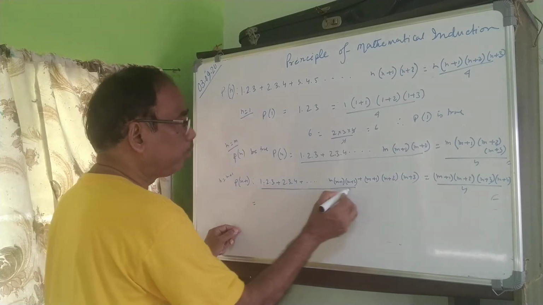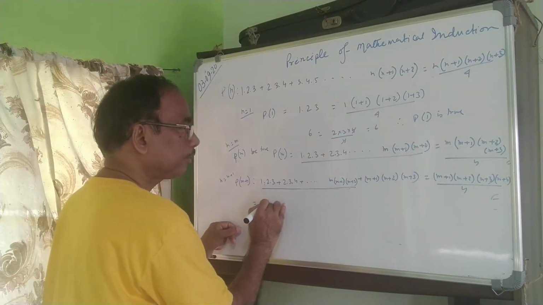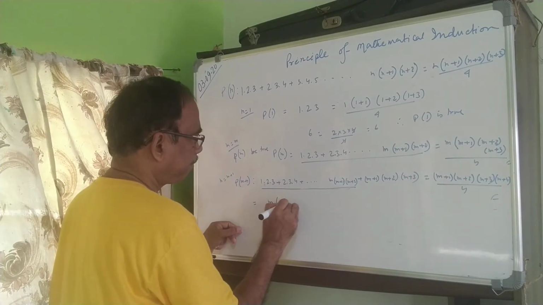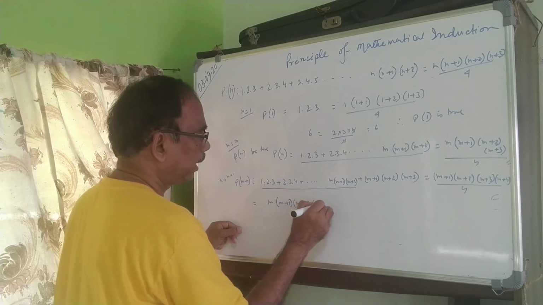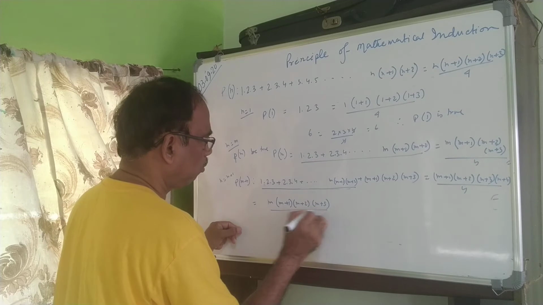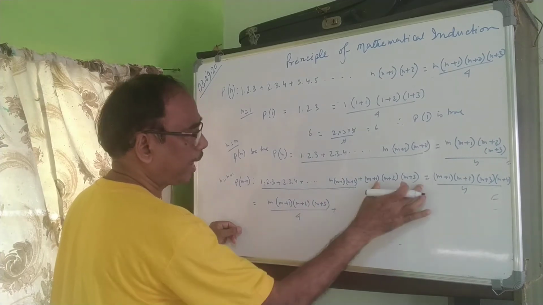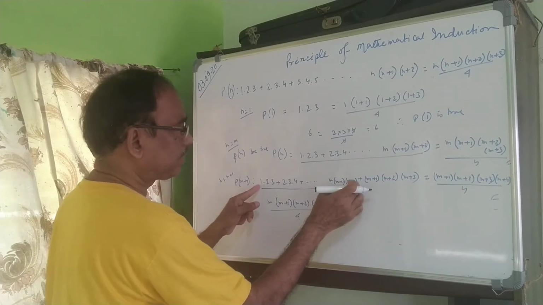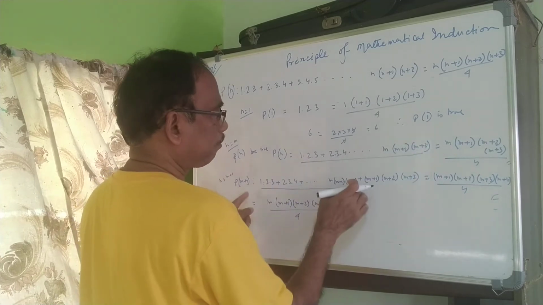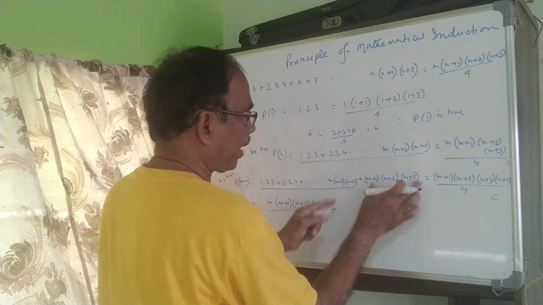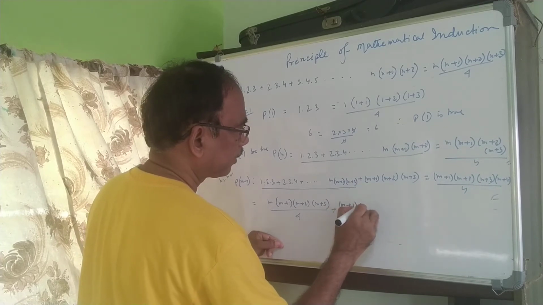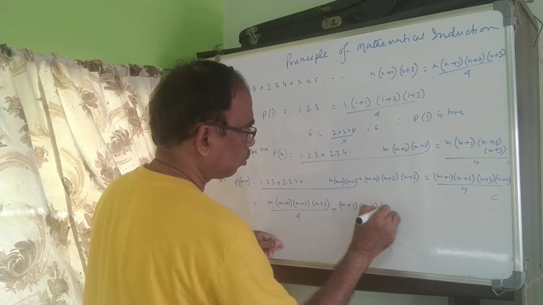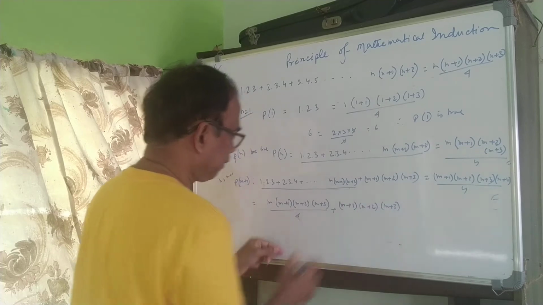Now its value is this, m plus 1, m plus 2, m plus 3 over 4, plus this, till this value. Its value is this, put it here, plus this, m plus 1, m plus 2, m plus 3.